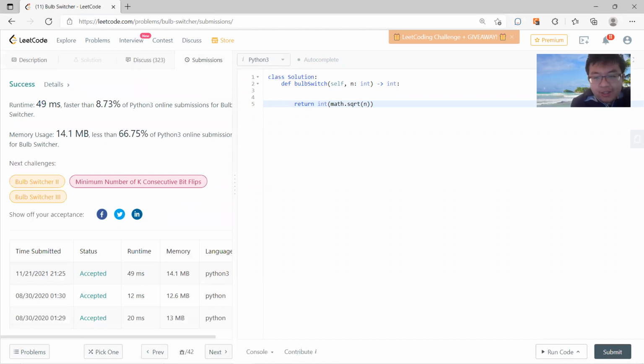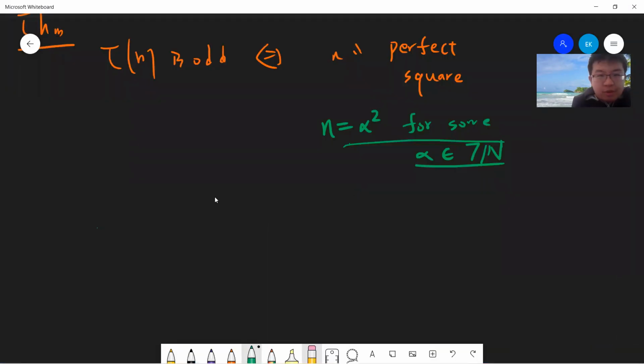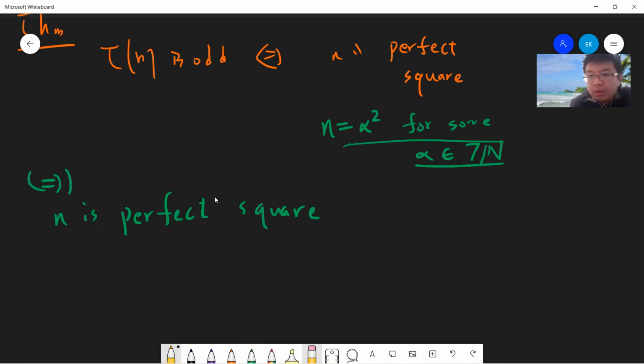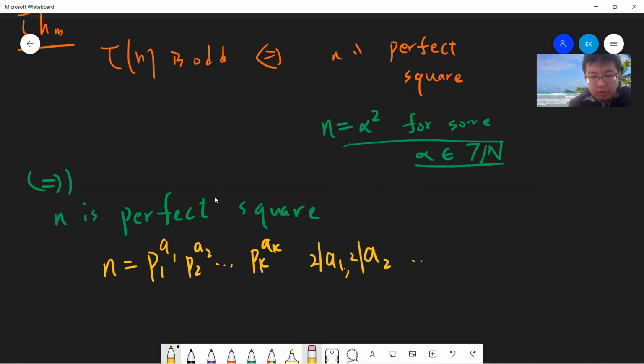Yeah, that's okay. So let's do the proof. Let's prove these directions. If n is a perfect square, then you can write n as p1^a1 times p2^a2 up to pk^ak. And since it's a perfect square, a1 must be divisible by 2, a2 must be divisible by 2, and 2 must divide ak.